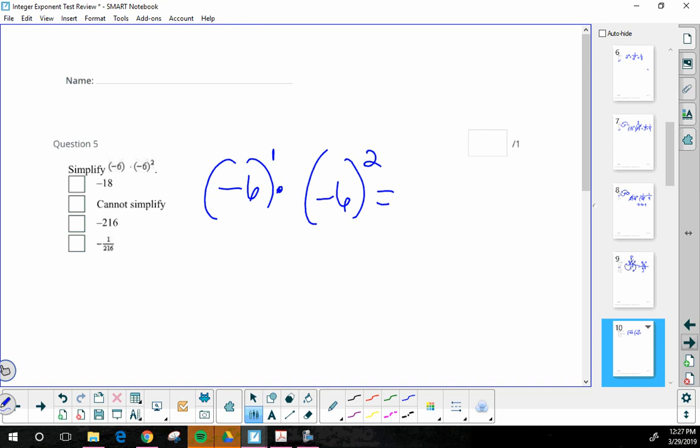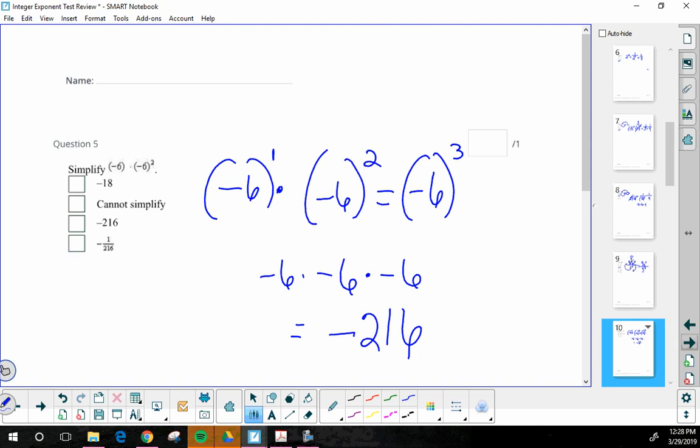So basically what that means is you have -6 to the 3rd power, which is -6 times -6 times -6, which is -216, which is that answer.